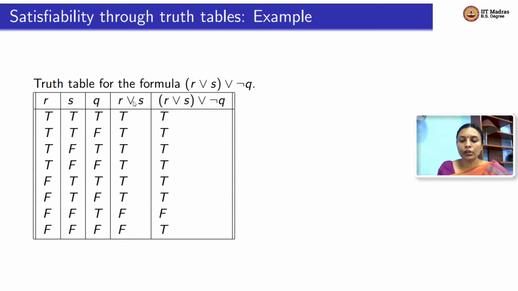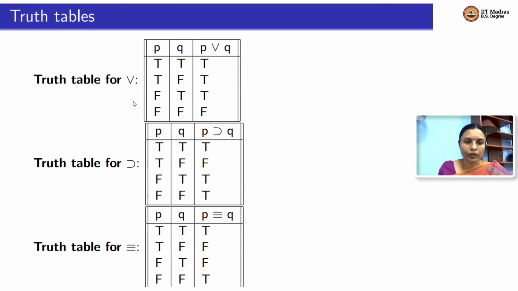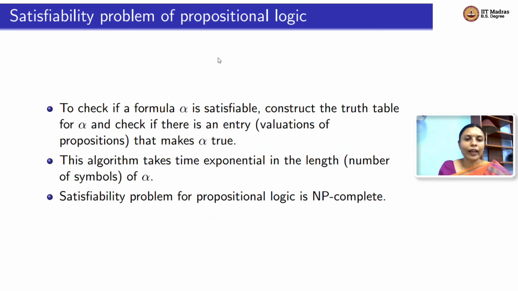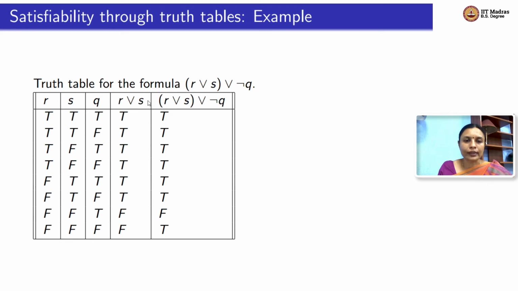Now use the truth table for OR that we saw here, the one that you see on top, to evaluate this part, R or S, where you focus only on this row. R or S becomes true if at least one of them is true. So a whole set of rows will be true. And finally, when both of them are false, it will be false.